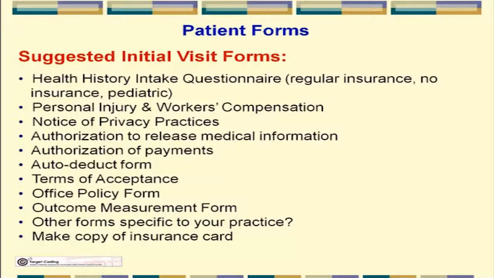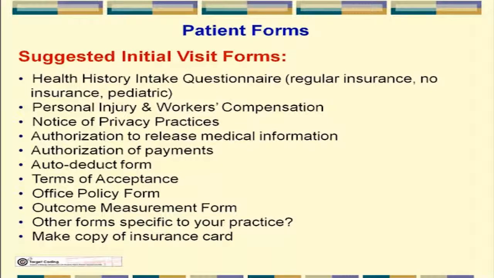How about an outcome assessment form? I strongly recommend you have the patient fill out an outcome assessment form. If you know the patient's condition in advance, give them an outcome measurement form related to their condition. So, for example, if you know they have a neck problem, give them the neck disability index form. Lower back problem, give them the Oswestry or the Roland Morris.